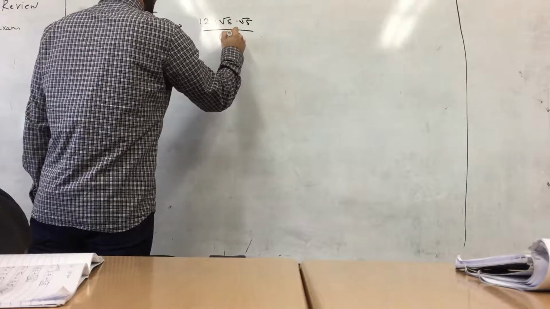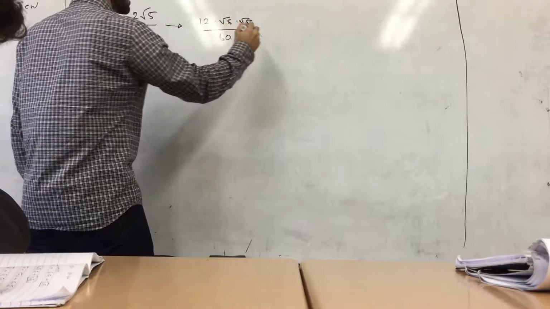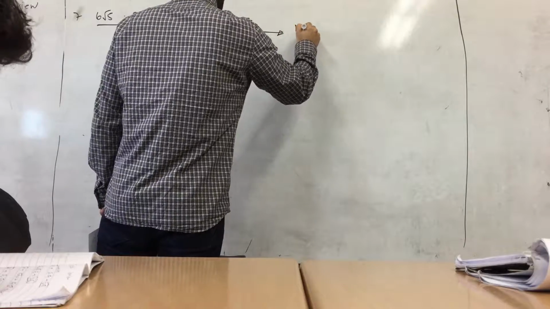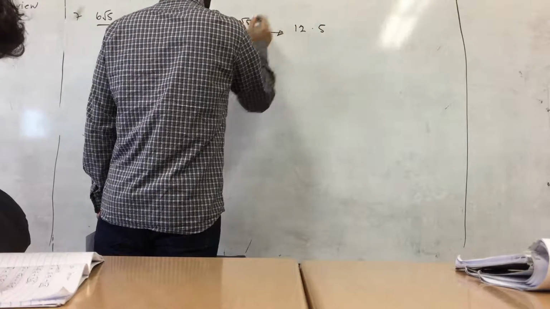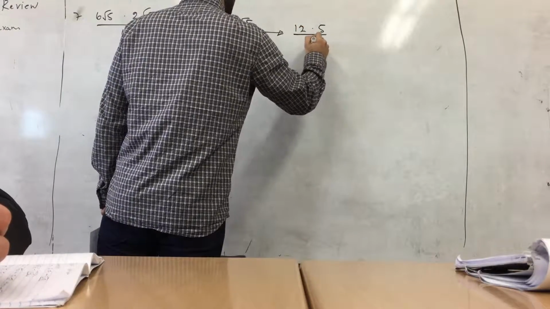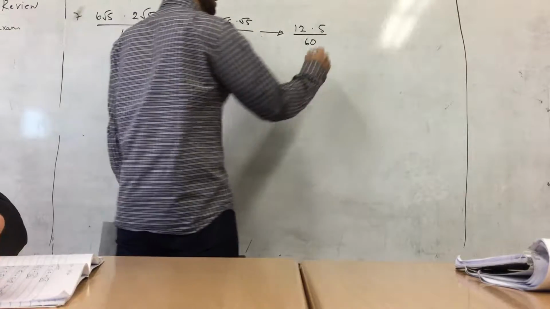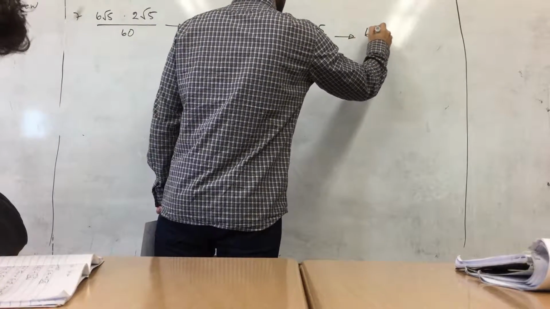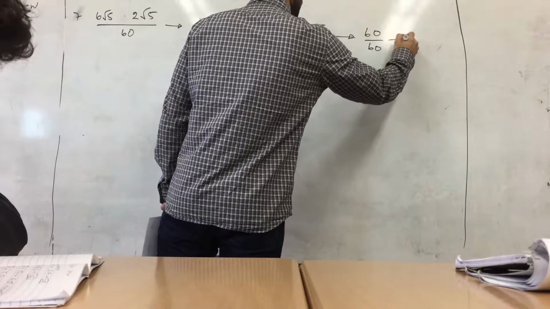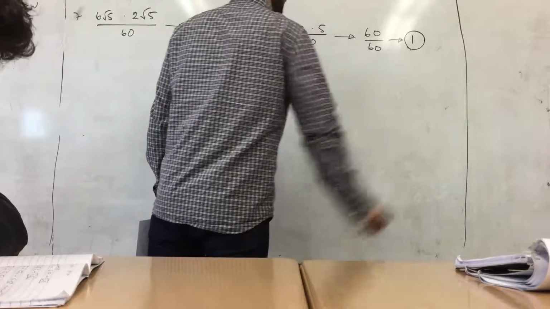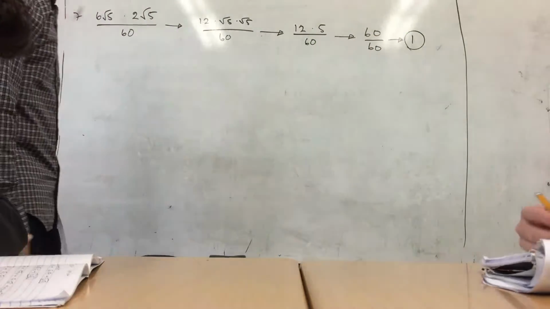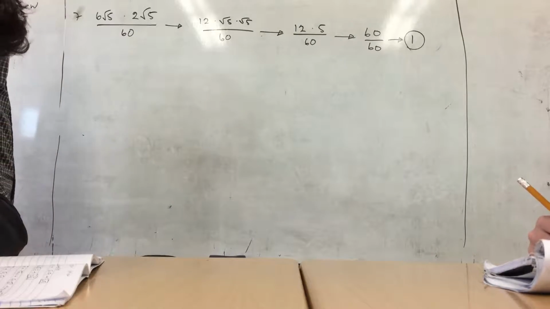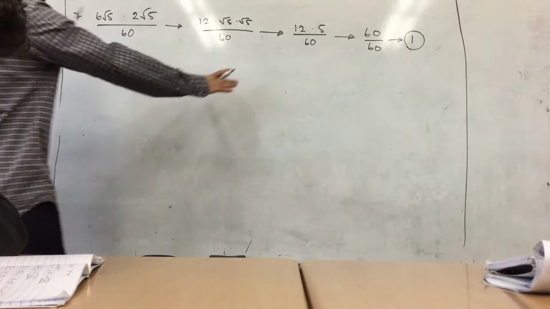You should know by now that anytime you see something like this, the hat comes off. What's 12 times 5? 60. 60 over 60 is 1. Any questions here?